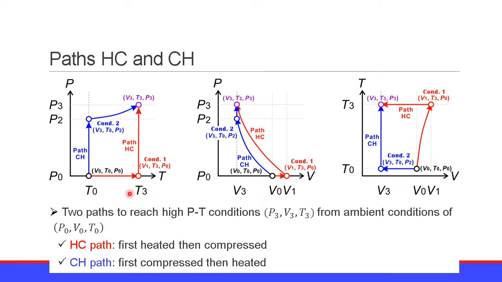The second choice, the CH path: we first compress and increase pressure from P0 to P2 at temperature T0. Then volume decreases from V0 to V3 at temperature T0.